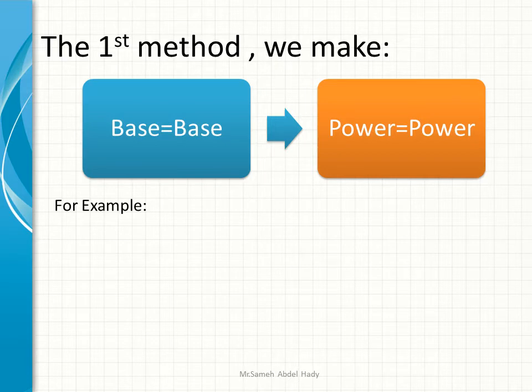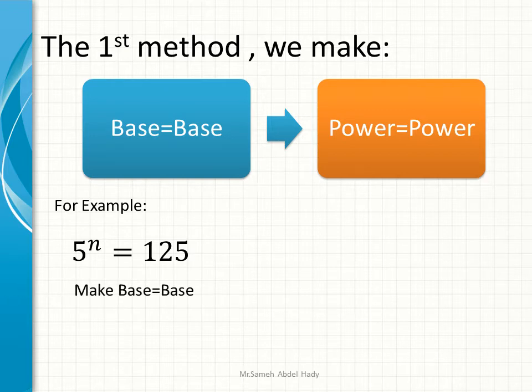Let us see how. For example, if I have the equation 5 power n equals 125, what should I do? I have to write 125 as base 5 power some number. So I will write 5 power n equals 5 power 3.